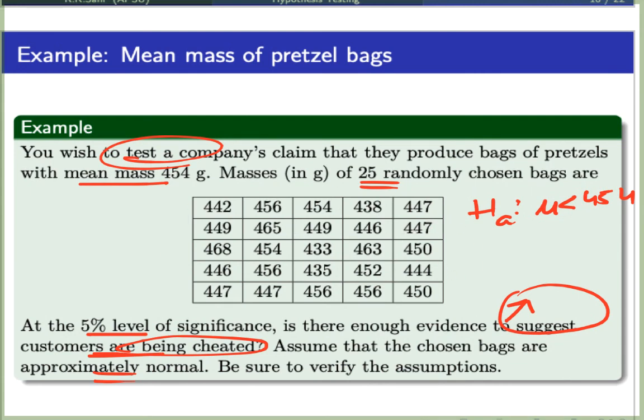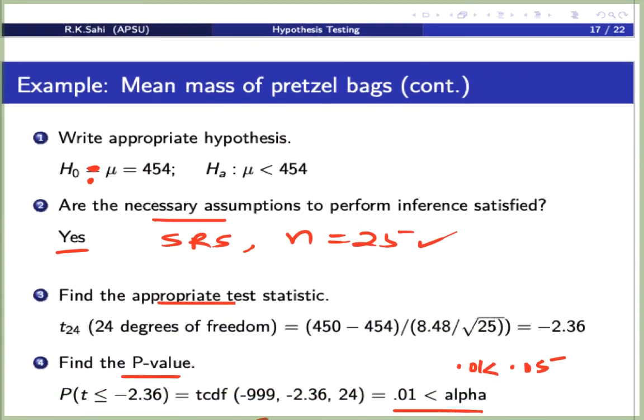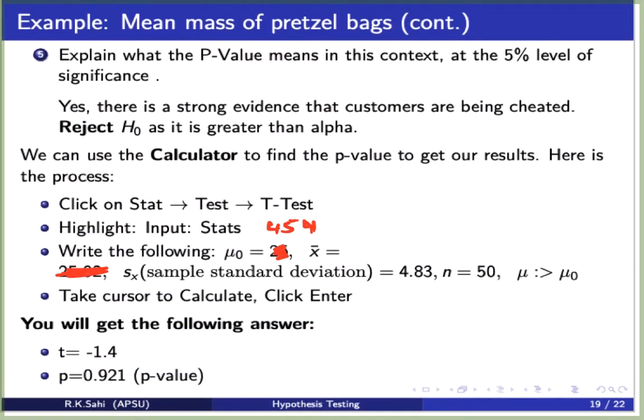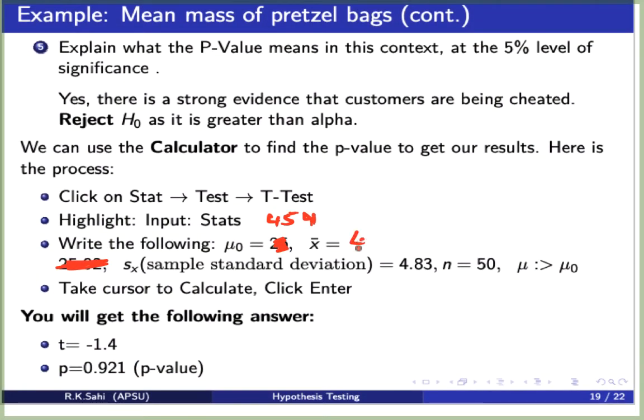When you do the one variable test, it actually gives the values, which come out to be 450, and this one is 8.48, n is 25, and mu is less than mu sub 0. And when you do this, you get negative 2.36, and you get 0.013.